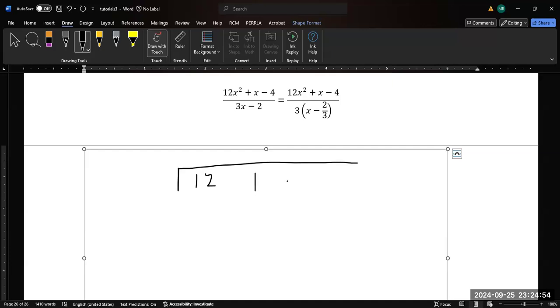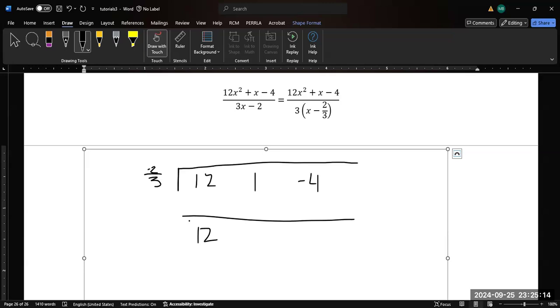12, 1, minus 4. And then this is x minus c, and c goes out here, so we flip the sign. So 2/3. So I bring my leading coefficient down, and then I multiply 12 by 2/3.